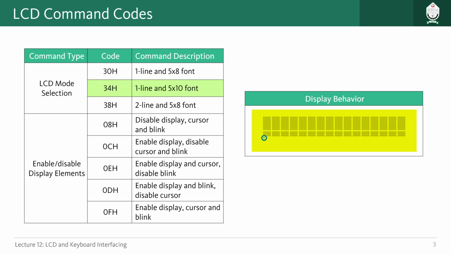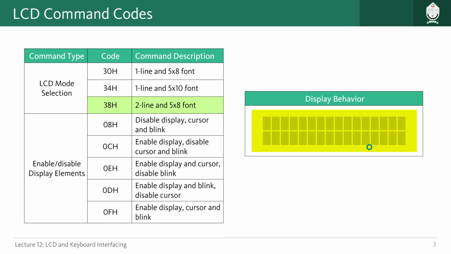But in general, how the display is built, we will have this kind of pixels. That means all of the characters have 5 pixels in the horizontal direction and 8 pixels in the vertical direction, and like that we have 16 multiplied by 2, that means 32 blocks to show 32 different characters.